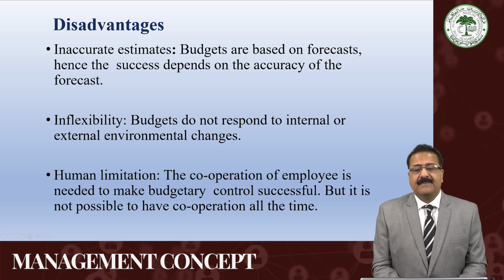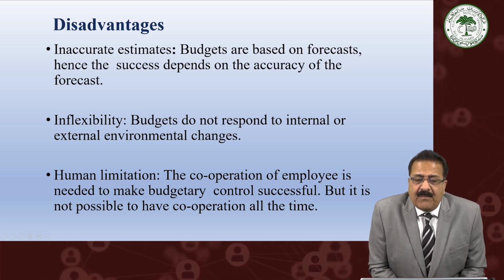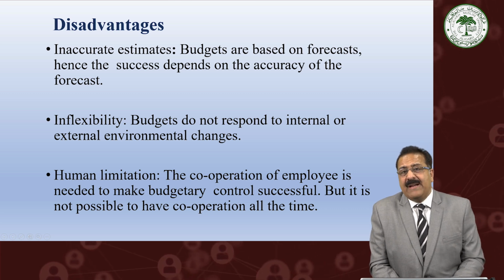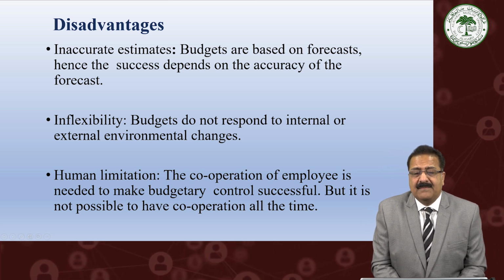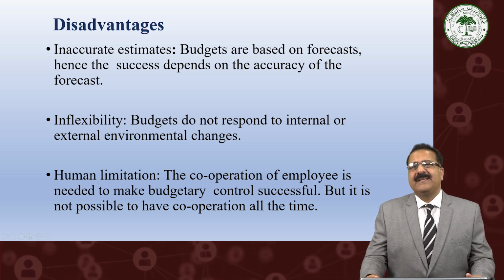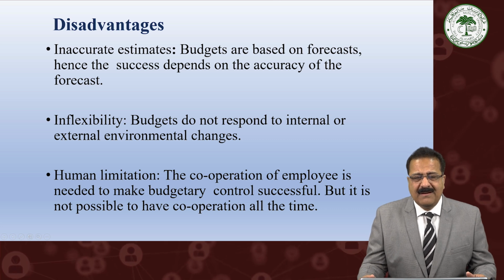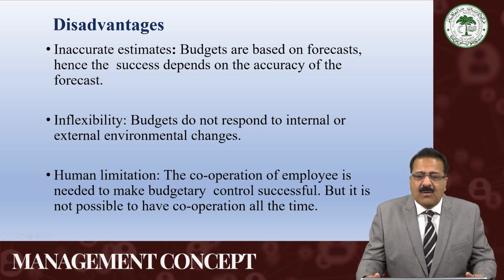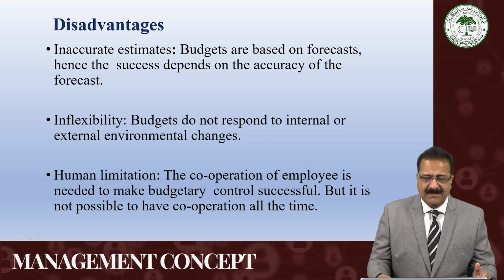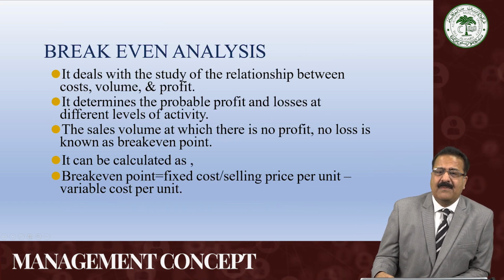It is in homogeneity that the cooperation of employees will be possible, where you will find that the budgetary control is successful. But otherwise, in general, there is a common practice that people don't want to cooperate all the time. This is human nature, which we are not going to discuss.